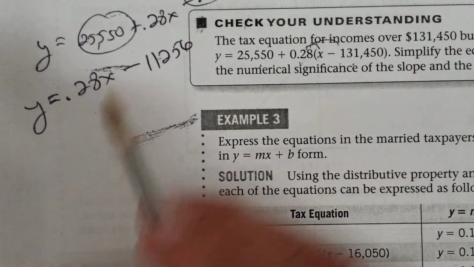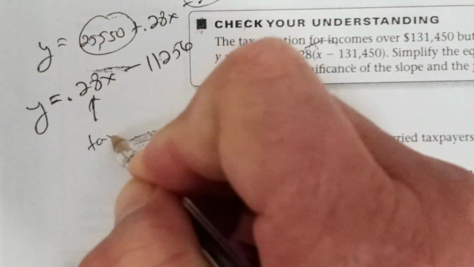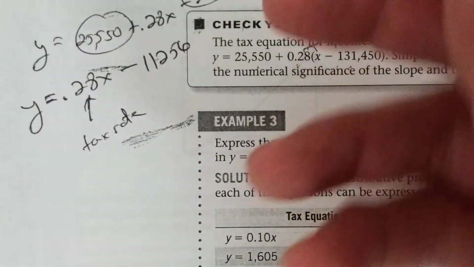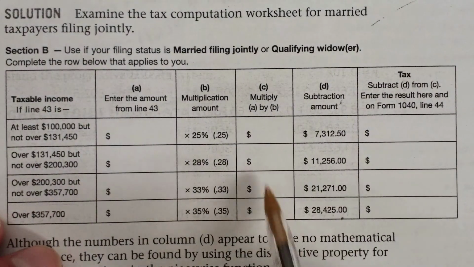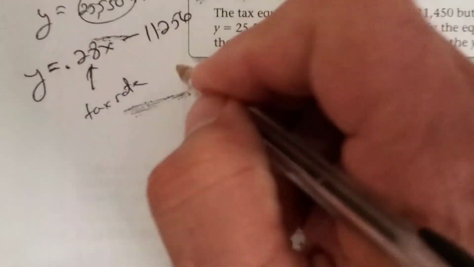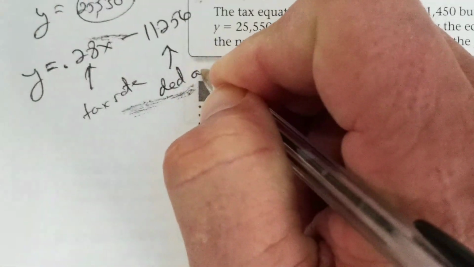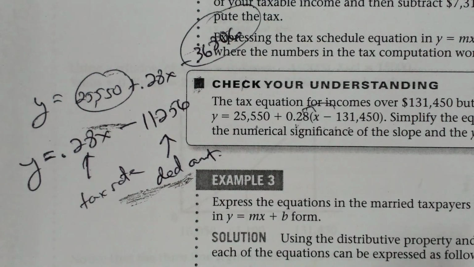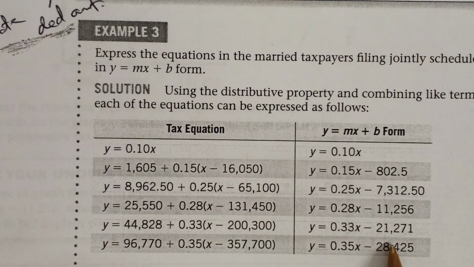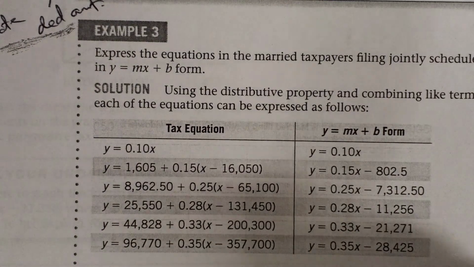So the significance of the slope, this is your tax rate, and this minus 11,256, if you'll look, here's your tax rate, here's your deduction amount, the subtraction amount. That's the deduction amount. Okay. So if you took each one of these and you converted them to slope-intercept form, this is what they would look like. Okay. So we're going to work one more problem.